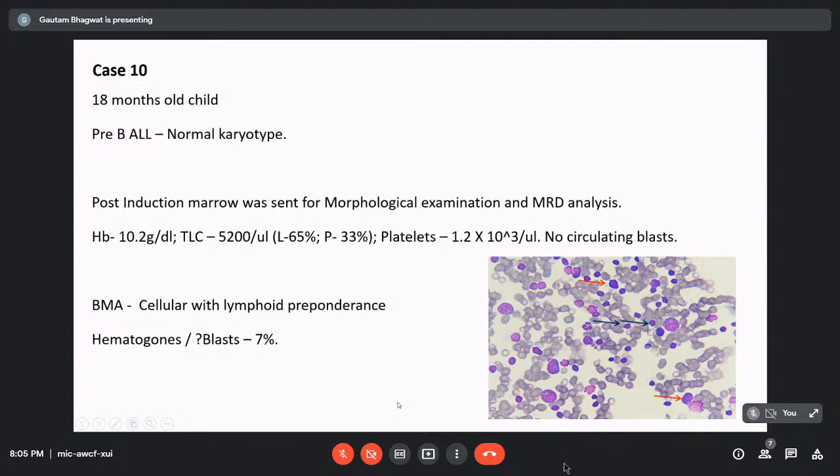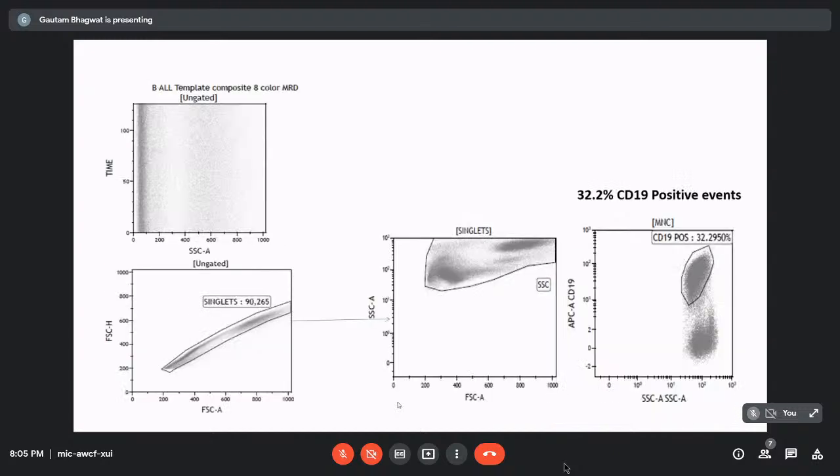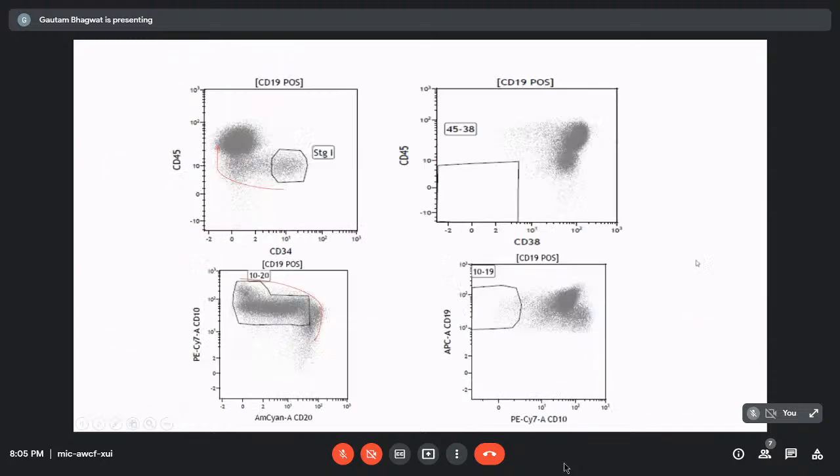So in these cases, giving out a morphological remission becomes very difficult, whether these are blasts or hematogones, and so we do not call it a morphological remission. But when we go to the MRD analysis, we have 32% CD19 positive cells, all showing a normal maturation pattern.